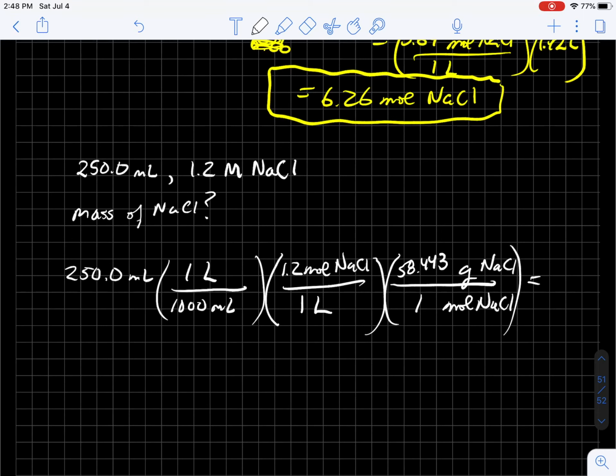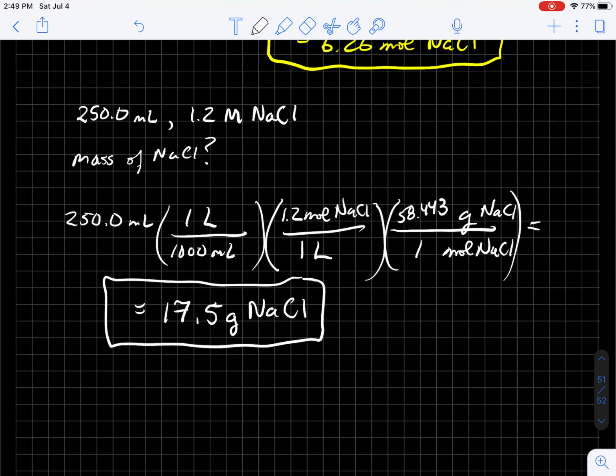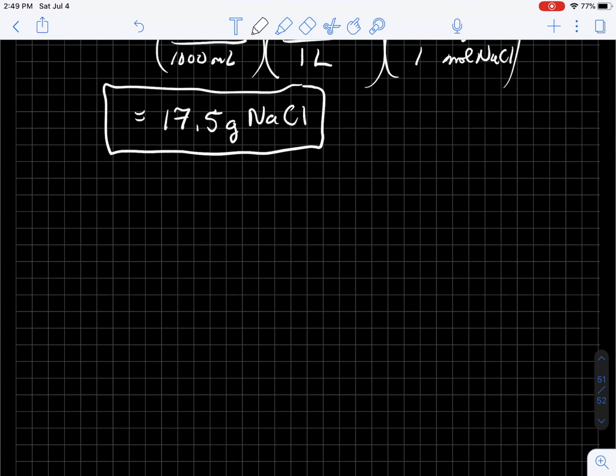So 250 divided by 1,000 times 1.2 times 58.443, and I get 17.5329. So I'm going to do 3 sig figs. 17.5 grams of sodium chloride. Easy, right? Of course it is.